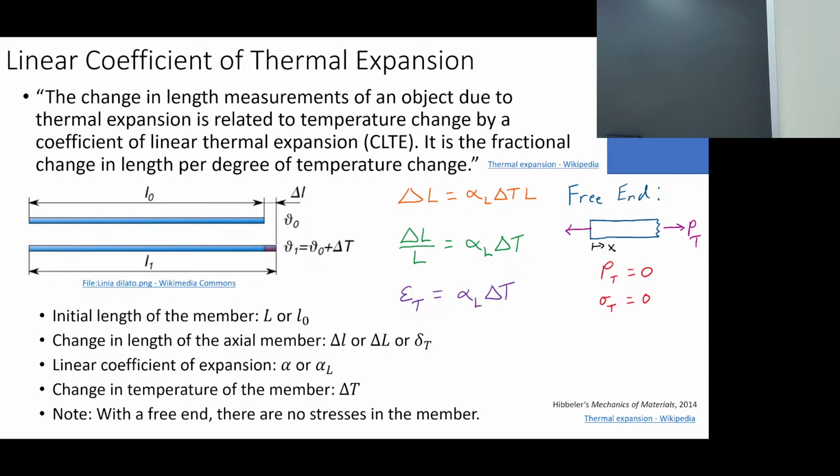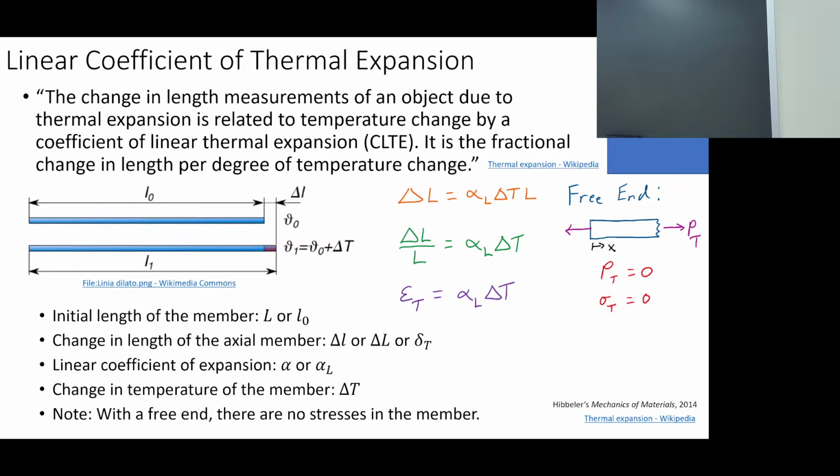And it's based on temperature. So if you increase it by so many degrees Kelvin, Celsius, or Fahrenheit, this is how much volumetric expansion you expect. This is how much linear expansion you expect. And we are more concerned with the coefficient of linear expansion.